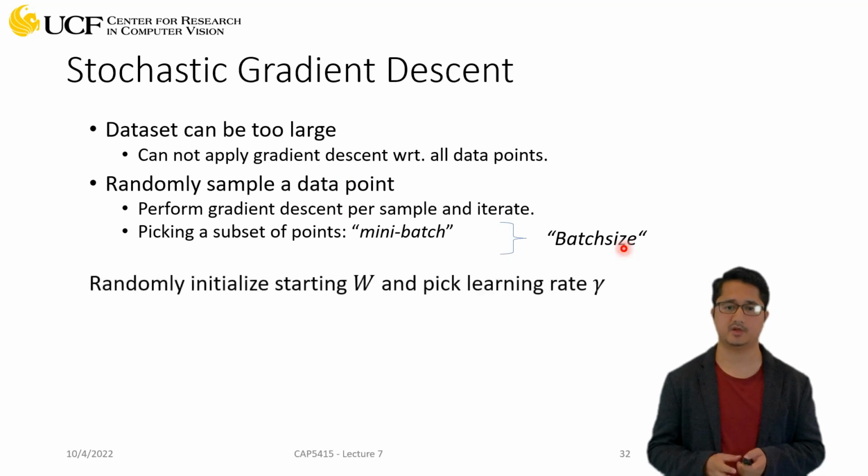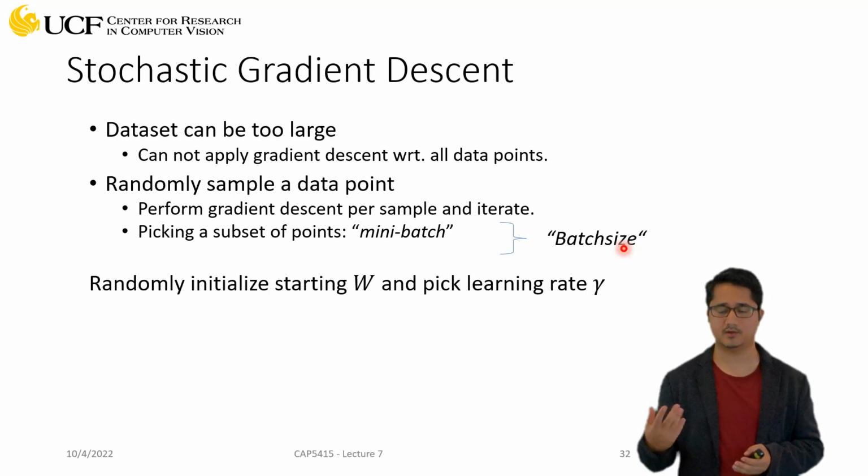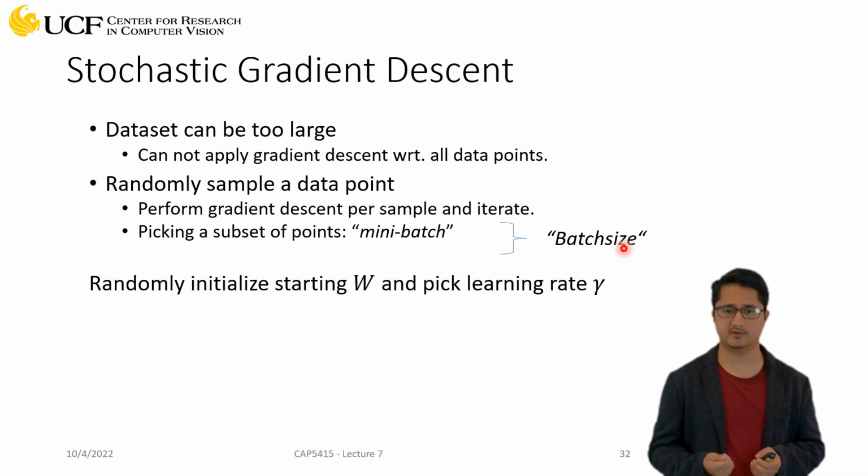This is one of the hyperparameters, and it plays a very important role in how good your training will be. A very big batch size will improve your training speed, but it might not be very good for the performance. And if you have a very small batch size, let's say as small as 1, because you are making updates for each sample, it's going to take a lot of time.